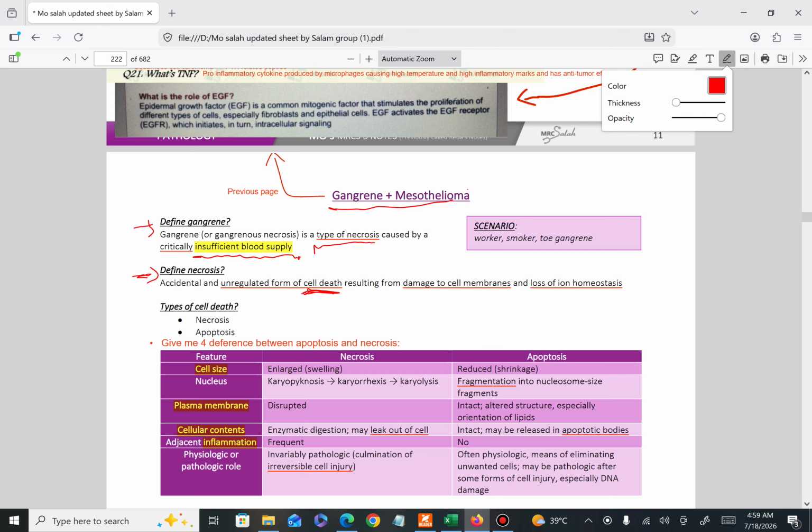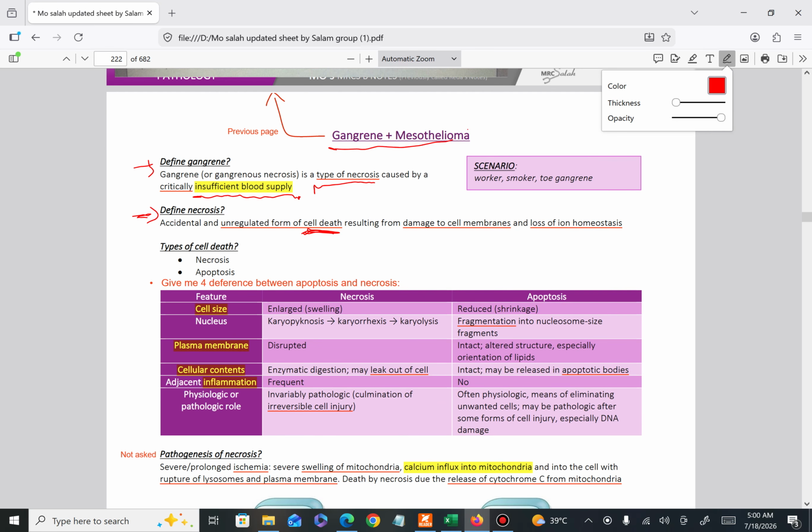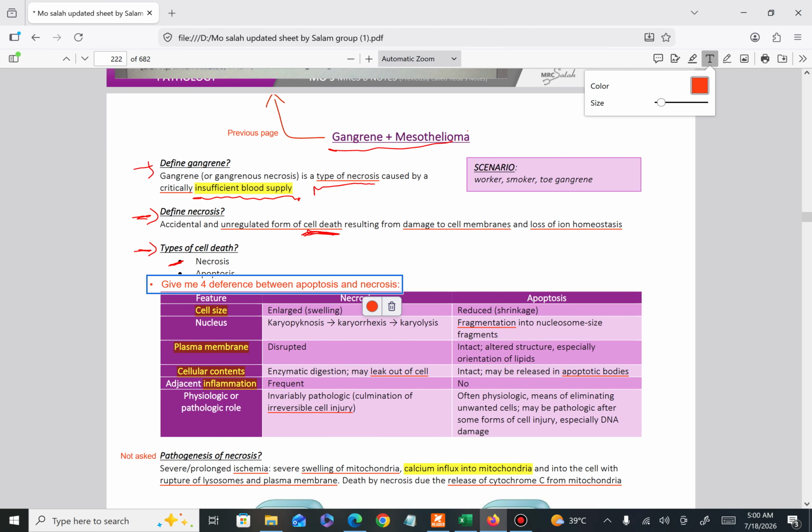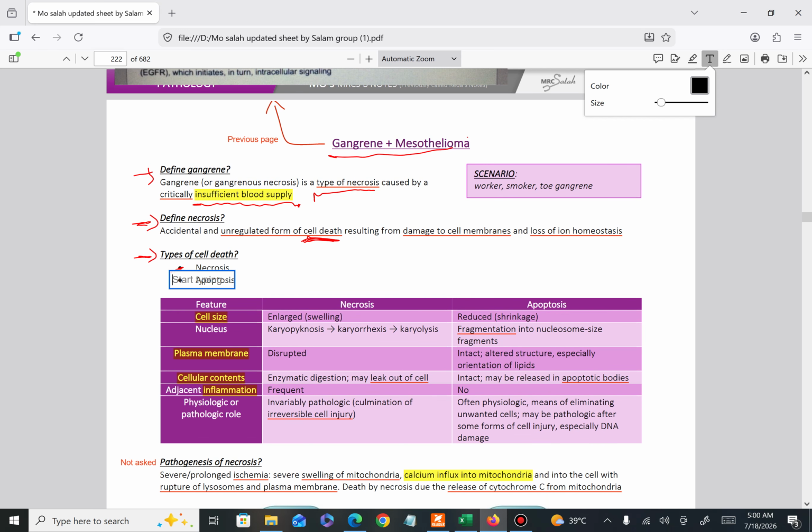Apoptosis occurs without any signs of inflammation, while necrosis always occurs with an inflammatory reaction. So the types of cell death can be necrosis or apoptosis.